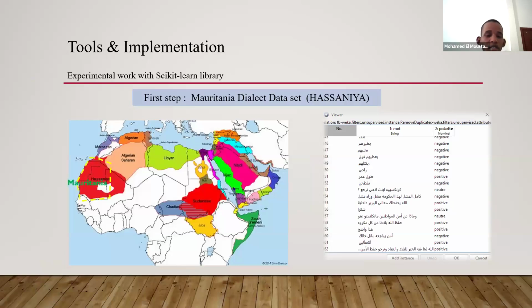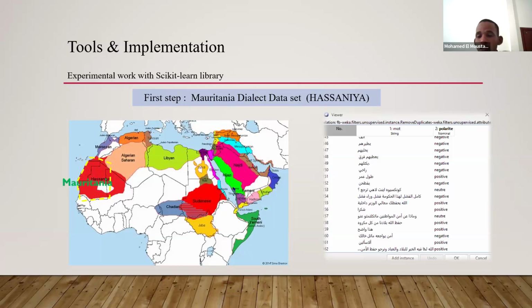Next, we are going to explain what the Hassania dialect, the Mauritanian dialect, is. The Mauritanian dialect is named Hassania. It is a dialect widely used locally in Mauritania for exchange between the population. It is also used in social media, precisely on the Facebook platform, for posts and comments.